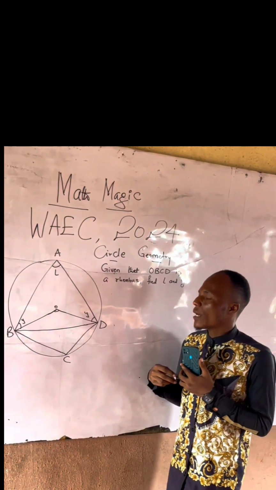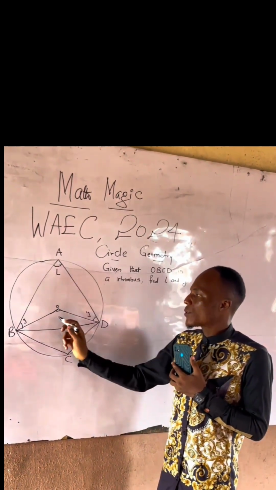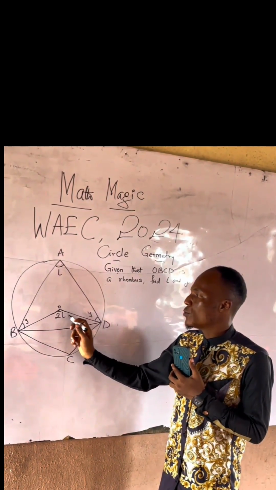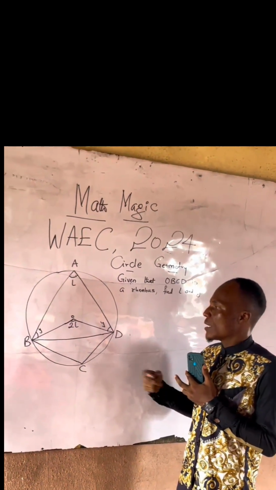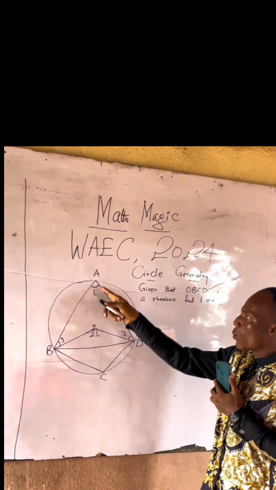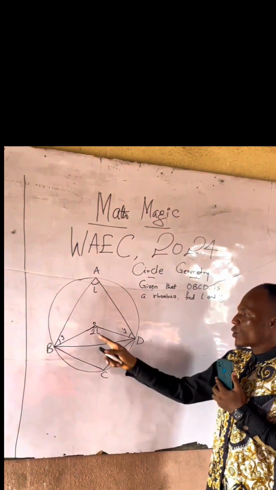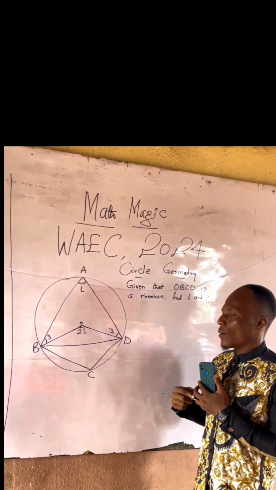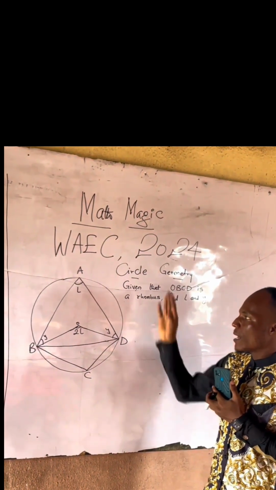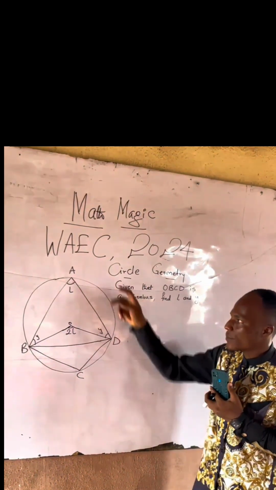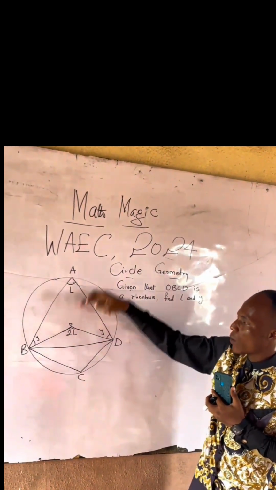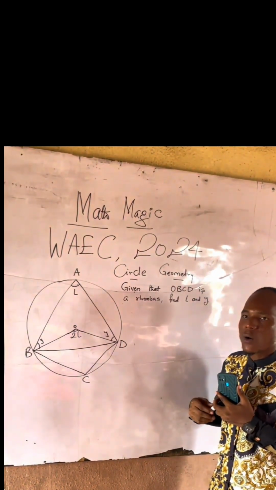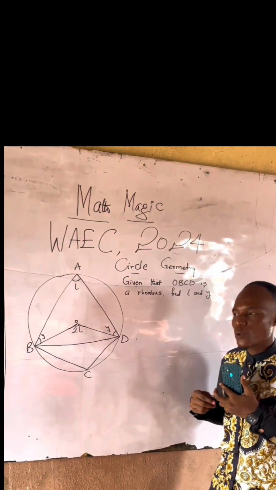So let's apply them. Look at the circle. You have L, so this place is 2L, because the angle at the center is twice the one at the circumference. The second property is that the two opposite angles of the cyclic quadrilateral are supplementary, meaning they add up to 180.